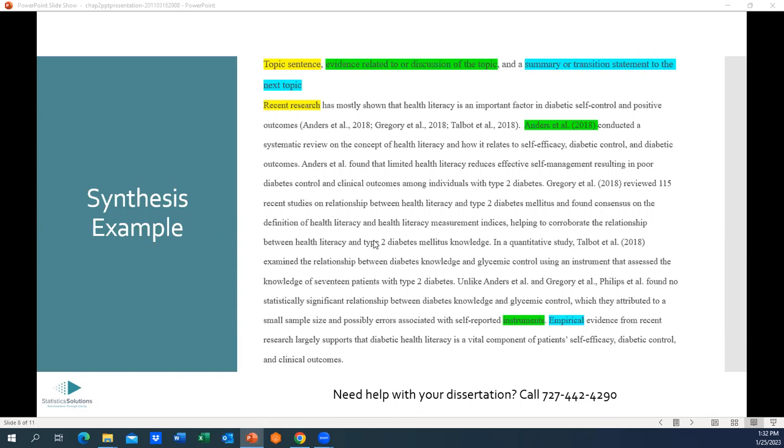And then at the end, it's empirical evidence from recent research largely. Again, there's that qualifying word, meaning most of it does, but not all of it. Okay, so this is an example of synthesis with some analysis thrown in.